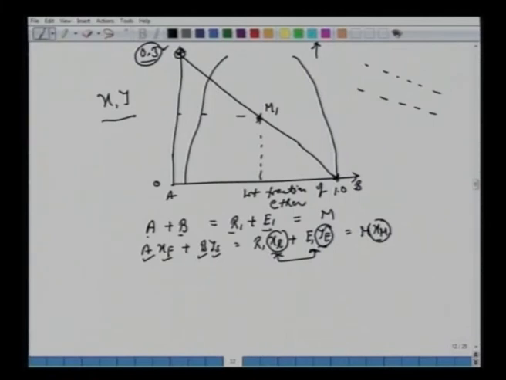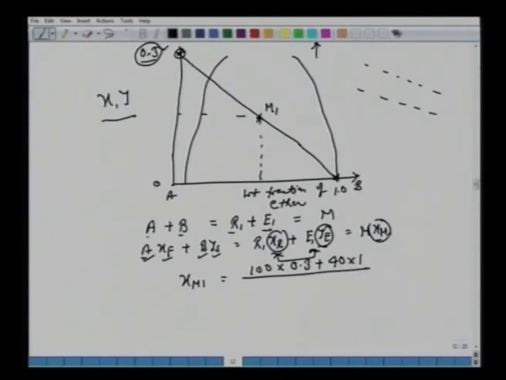So this location here is 0.21. All we have to find is a tie line which passes through this. So we have this extract E1, and here we have this raffinate R1.